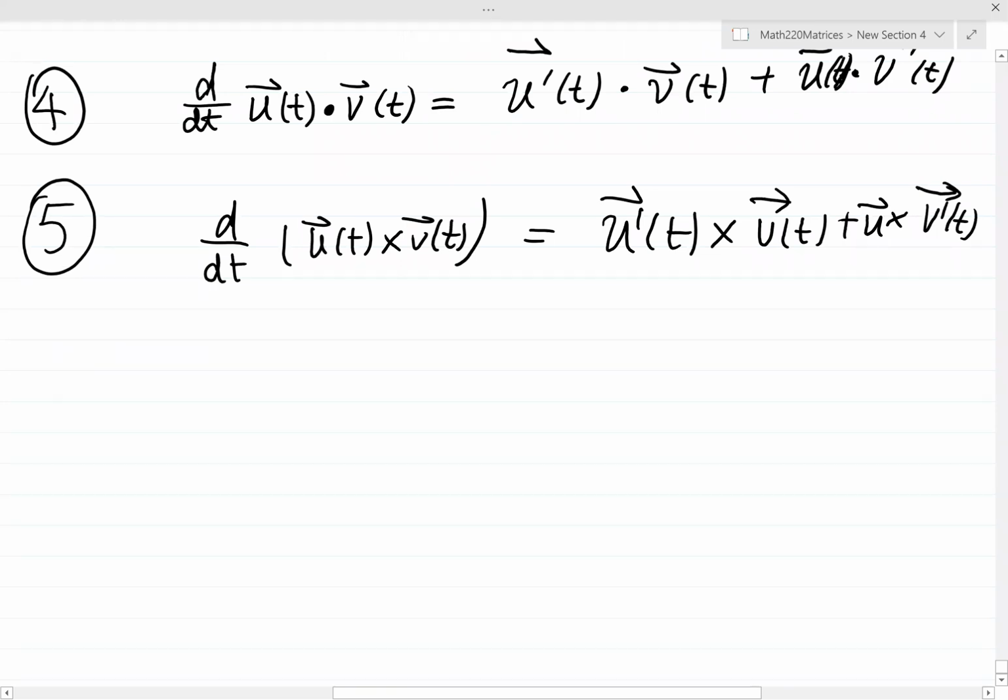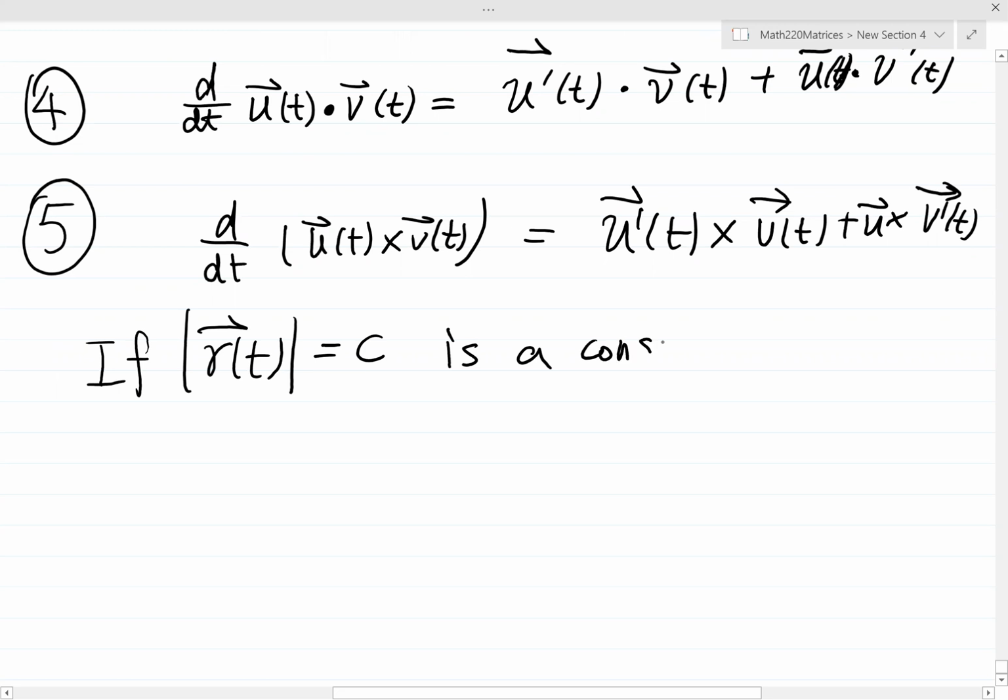Now we actually have this. If r(t) has constant norm, then r prime(t), the derivative, is orthogonal to r(t).